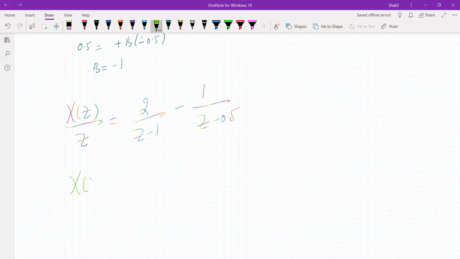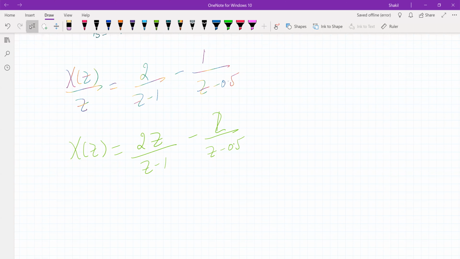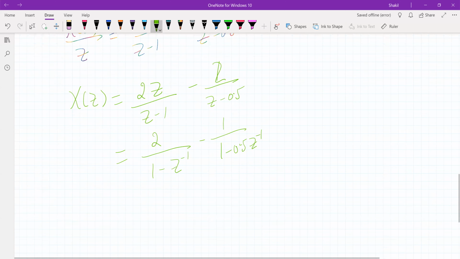Now multiplying both sides with z, there will be z also. So multiply both sides by z. Now dividing the numerator and denominator by z, this will have 2 by 1 minus z inverse minus 1 by 1 minus 0.5 z inverse. So this is our X of z.